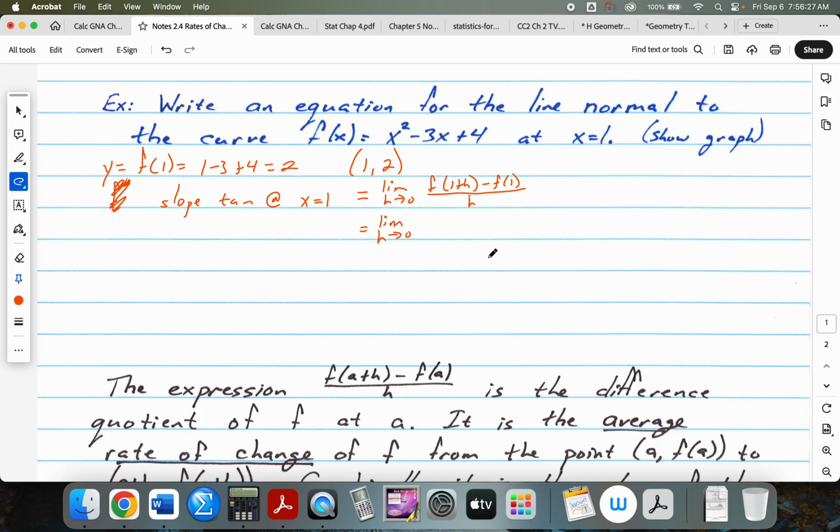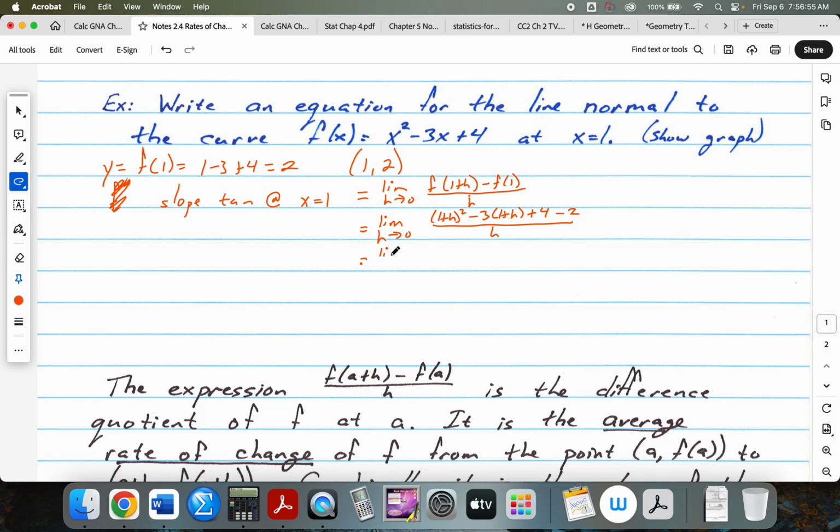as h goes to 0 of, I'm going to have 1 plus h quantity squared minus 3 times 1 plus h plus 4 minus, I've already figured out what f of 1 is, so just minus 2, all over h.